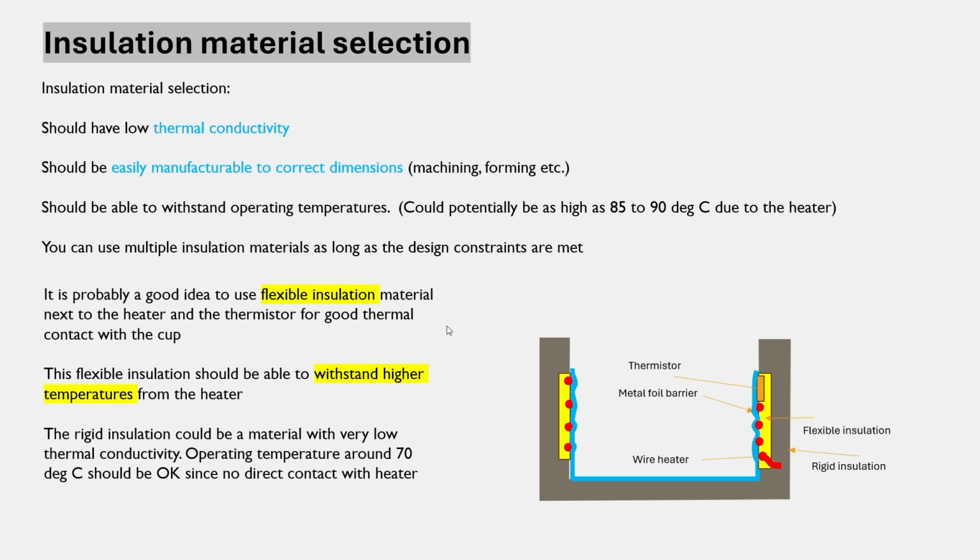So those are the only three things that you have to consider: the thermal conductivity, which will ensure that most of the heat goes to the water and not to the surroundings, how easy it is to manufacture, and making sure that it will operate okay somewhere in this range of temperatures.